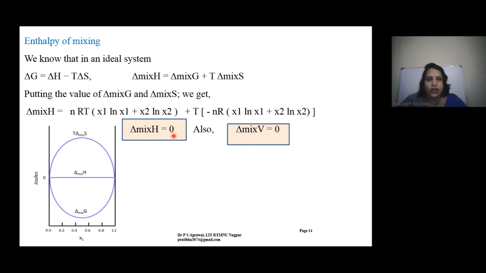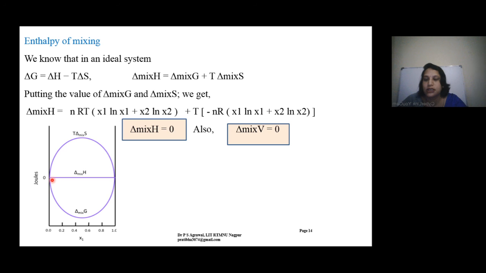That means the molecules of an ideal gas spread out enough that they do not interact with one another when mixed. No heat is evolved or produced, as well as there is no change in the volume. We have discussed this in the first unit also. Whenever we are mixing ideally, there will be no change in the volume and the enthalpy.